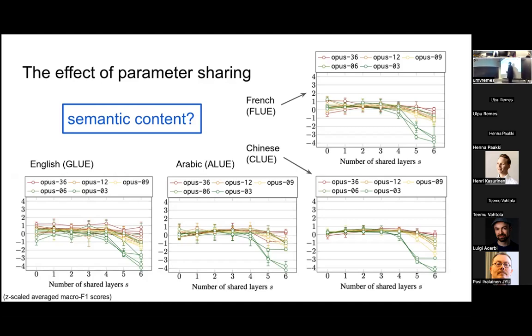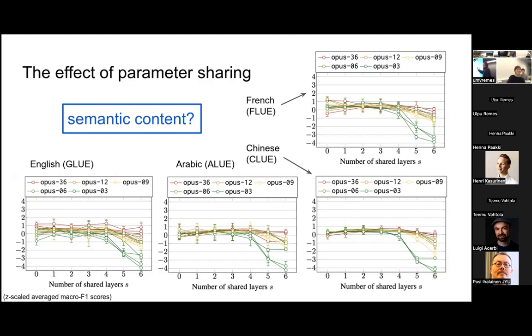Again, with the same setup, with different ways of sharing the layers. Does that affect how that representation can be used for all those different downstream tasks? But I would like to get more to the MAMMOTH, so let's not spend too much on that. How much time do I have actually? About 15, 20 minutes. Okay, yeah, that's good.